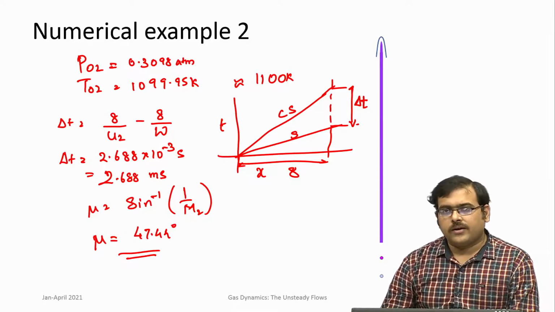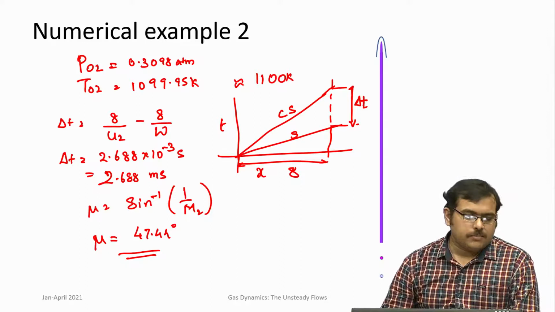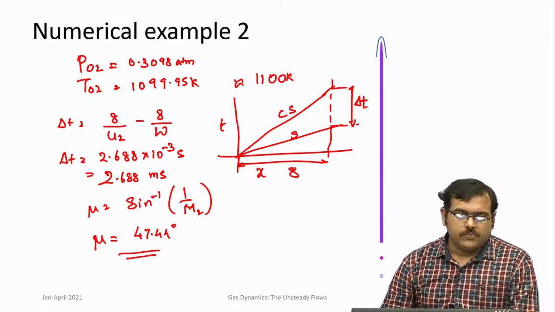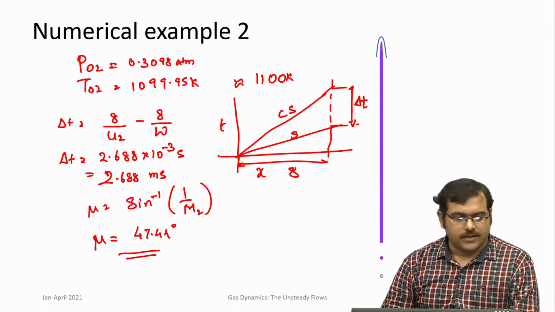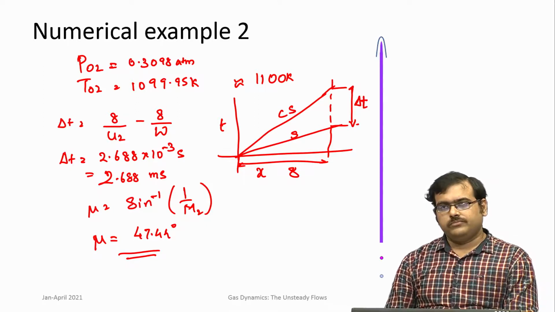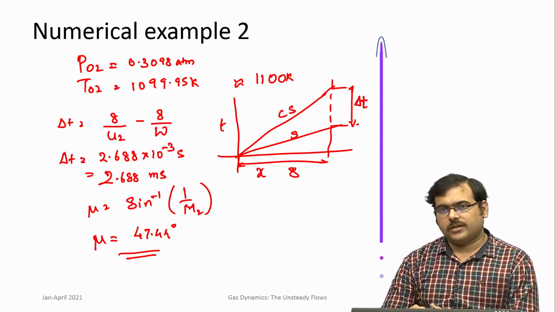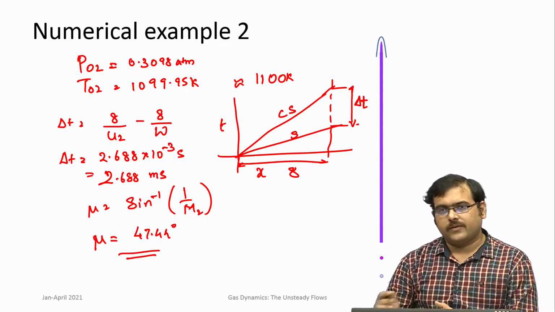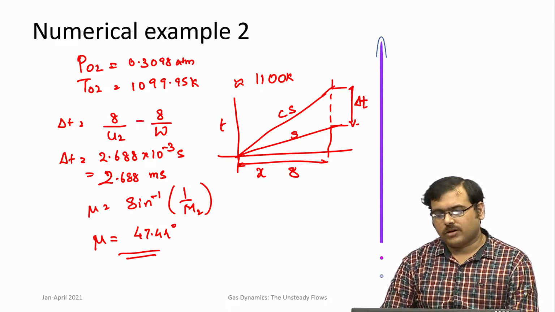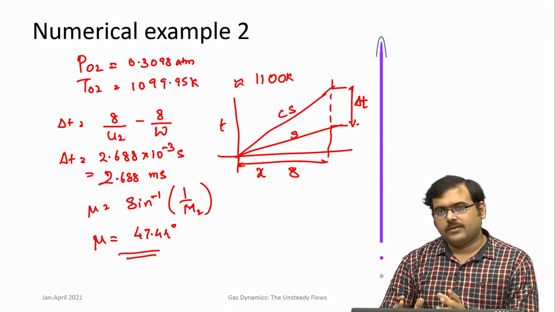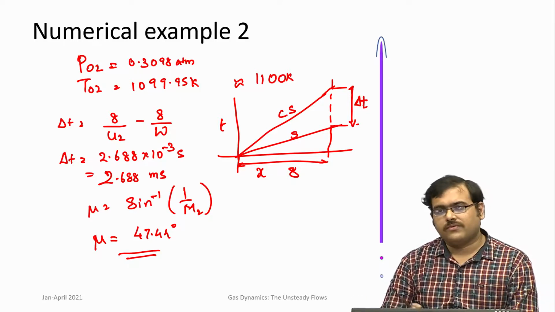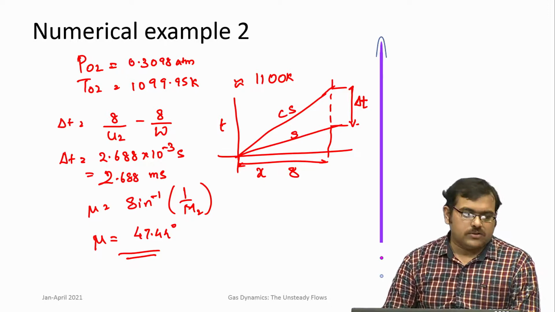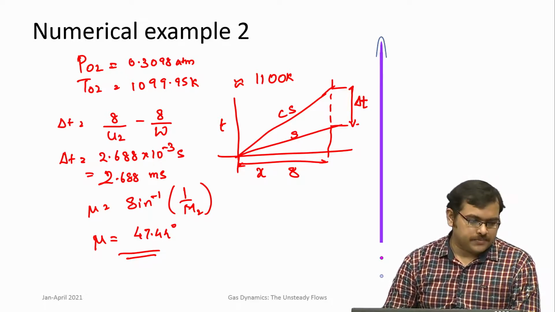The second one was a template shock tube problem, where we know the shock Mach number required, and we calculate various quantities like the pressure ratio that needs to be provided, so that we can achieve that shock Mach number, and the properties of the slug of gas which is usually used for many applications, including in wind tunnels.